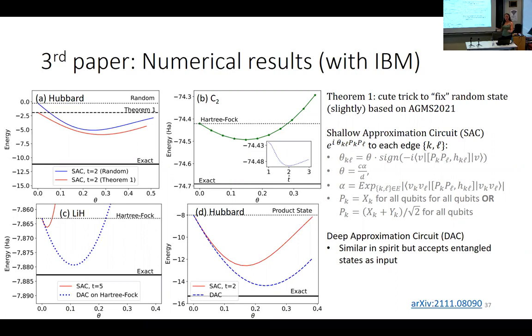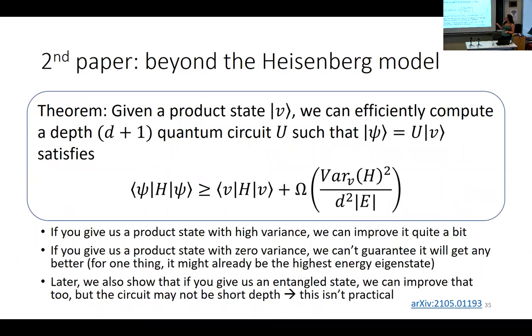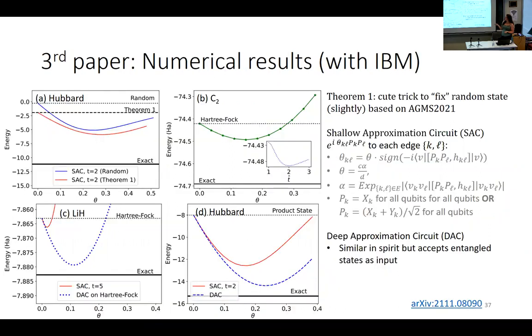But if you choose a small enough set of qubits, then of course you can update them a little bit. And so that gives you a little boost. And then this SAC, shallow approximation circuit, is the circuit I was talking about from this theorem. When we apply that, you can see that we improve the energy significantly for these.